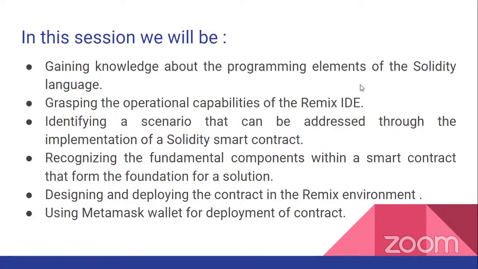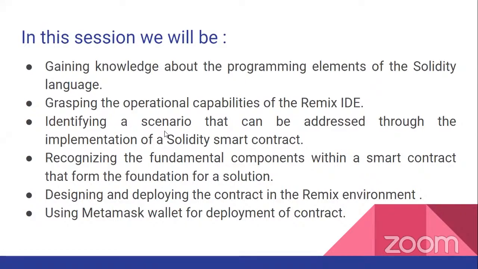They will give you some ethers for testing purposes. We cannot trade with the ether in our wallets, but we can use them for our small applications for testing. These are the things that we are going to cover in today's session.